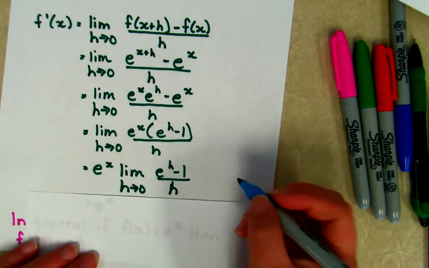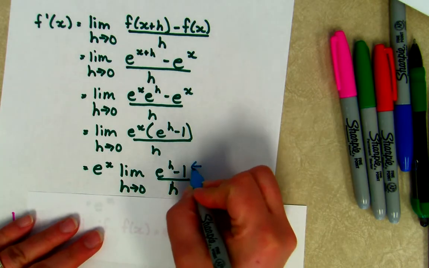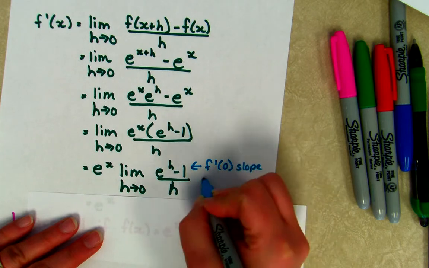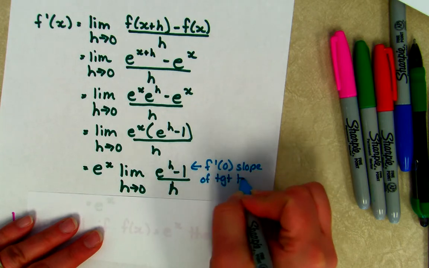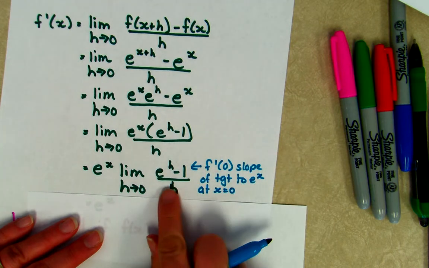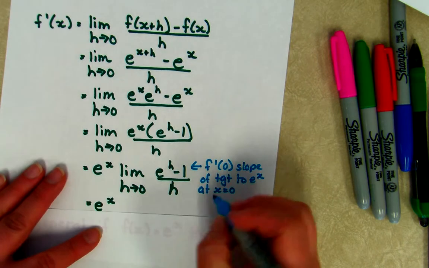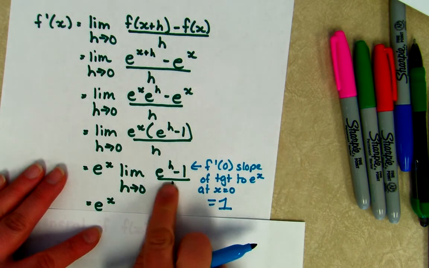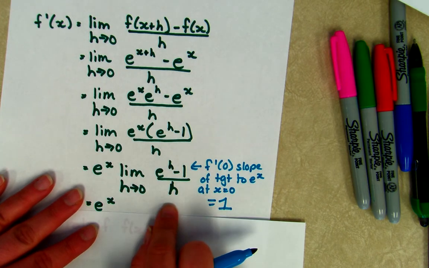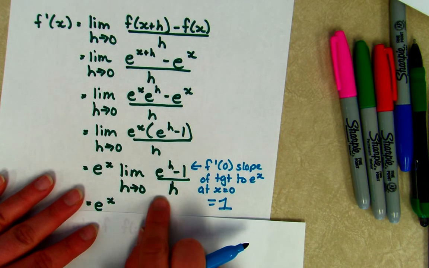And remember, in the activity, we talked about this. This represents f prime at 0, or the slope of the tangent to e to the x at x equals 0. And the whole discovery of e was based on that is going to equal 1, because e is the base where if you drew the tangent at x equals 0, the slope of that tangent would be 1.